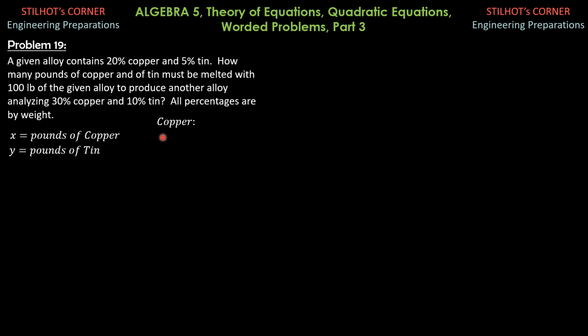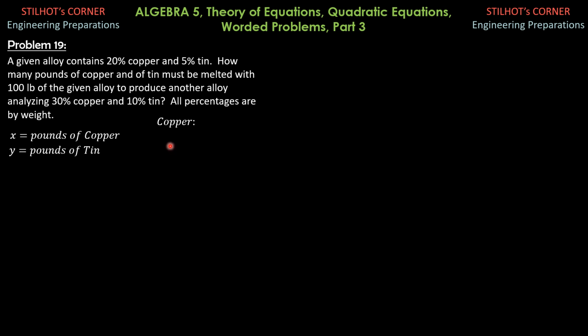So for the first equation, 0.20 times 100 plus X pounds of copper is equal to 30%, or 0.3, of 100 plus X plus Y, because tin is also involved here, but tin is 0% copper, of course, so that's why it's not included on the left side.